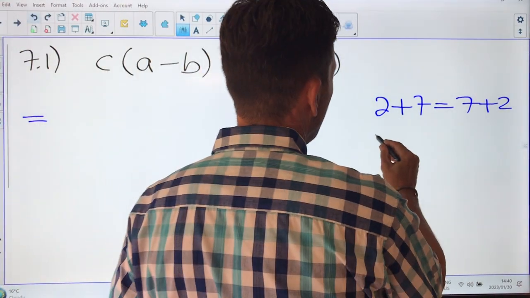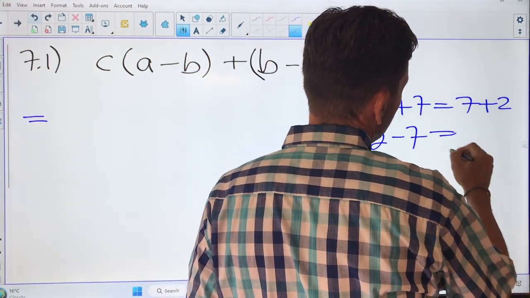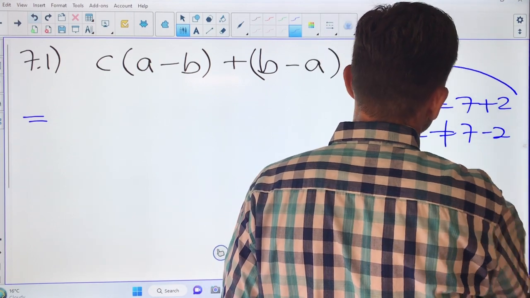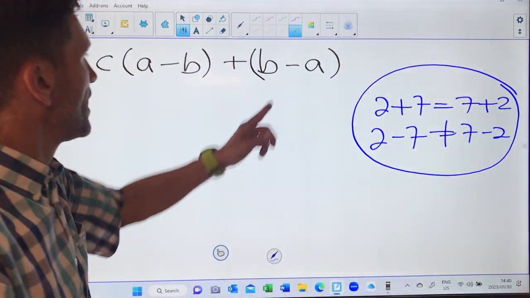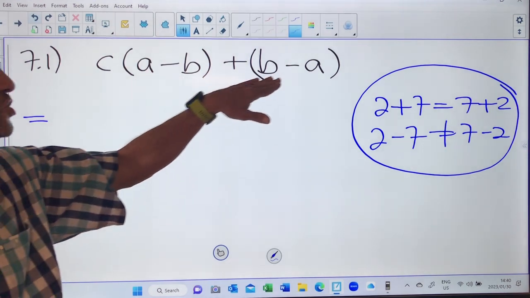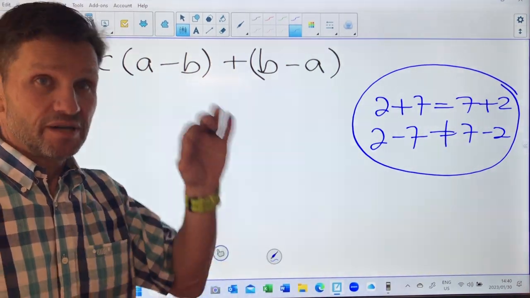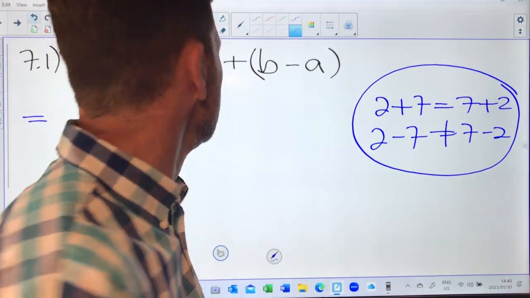But 2 minus 7 is not the same as 7 minus 2. So that's why these two are not the same. If those were to be pluses, no issue. But it being a negative, that is a huge issue.